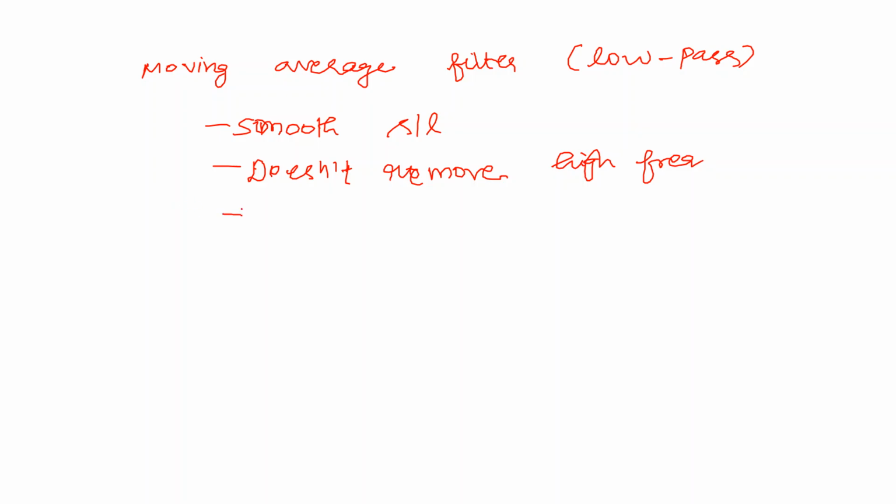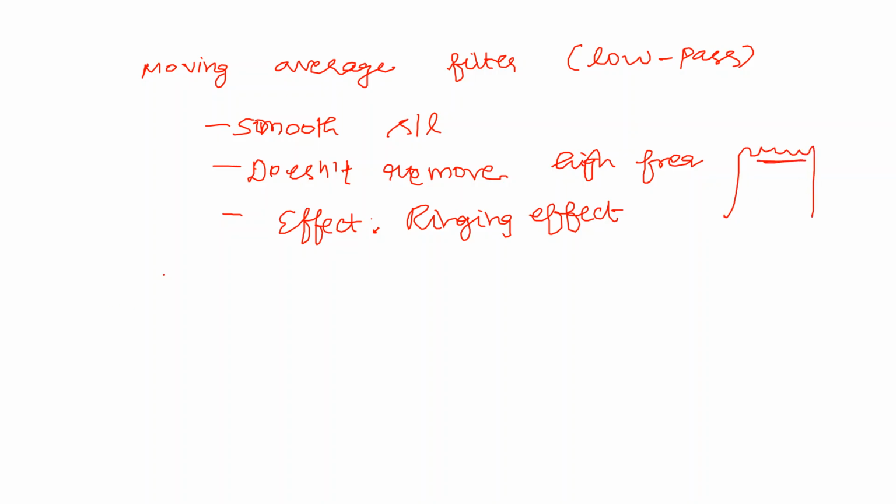The limitation, or the effect, is that it would result in a ringing effect. Ringing effect means the high frequencies will have some kind of ringing edges. Then the binomial filter is also a low pass filter.